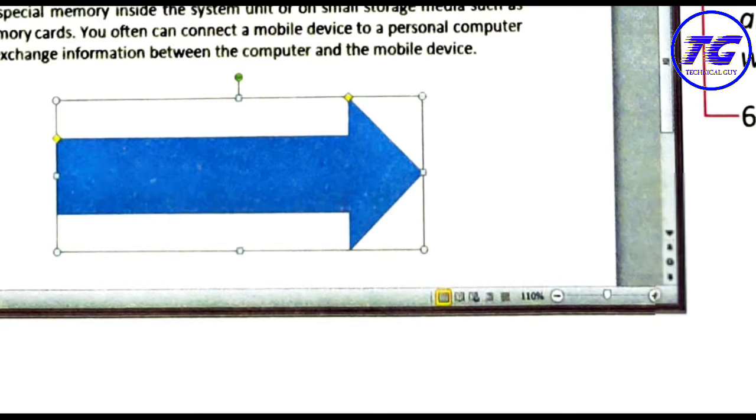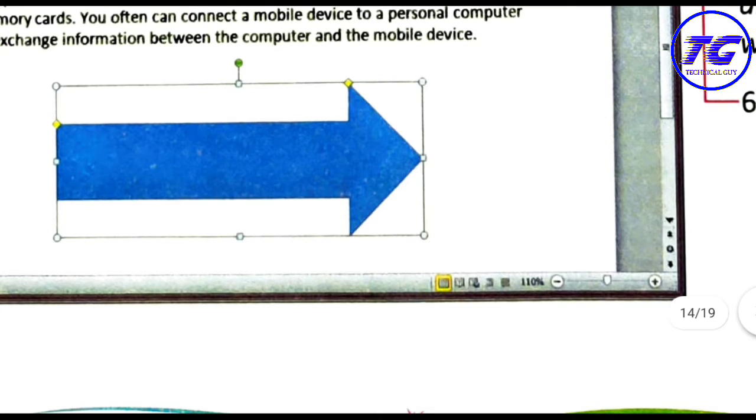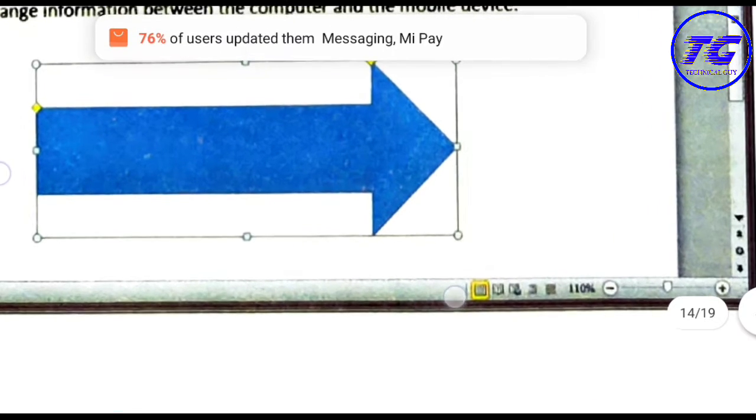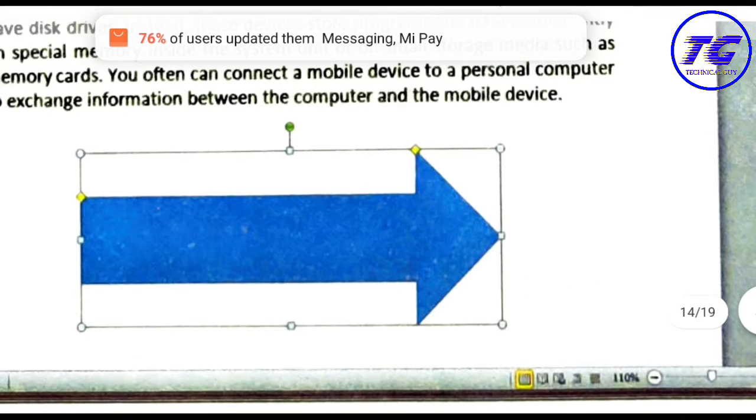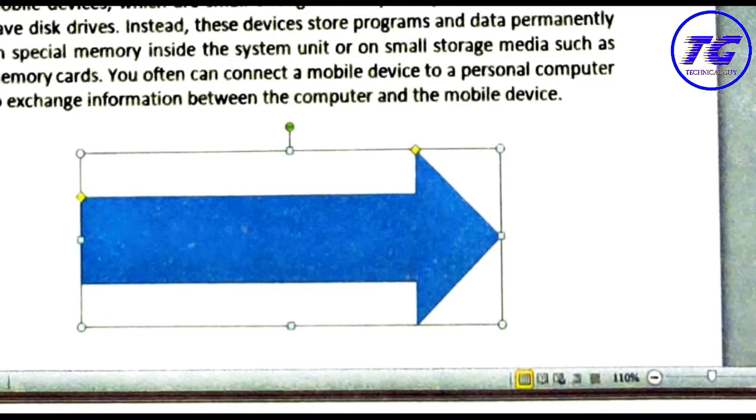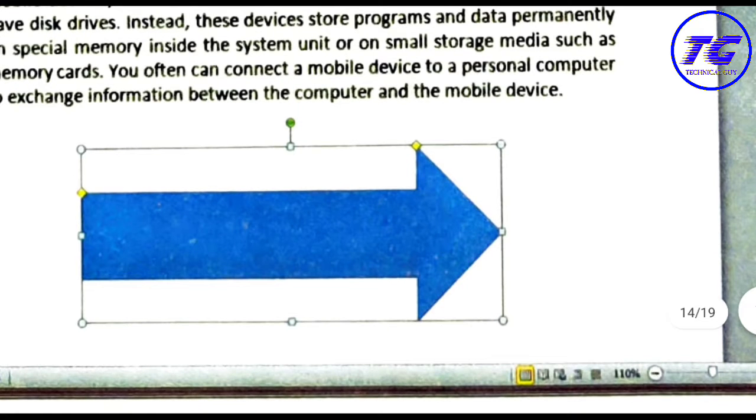Once the shape is there, you can click the shape. The shape will be selected. It will show you a bounding box. Inside the bounding box you can see the shape, like one arrow is printed here. Different handles are there. For example, this is the green handle on top. From this handle you can rotate the shape.